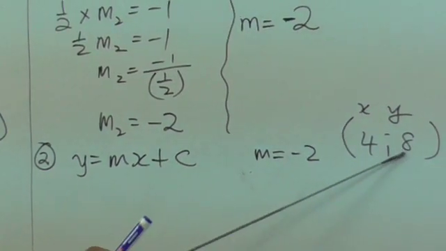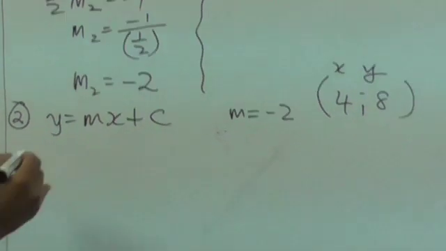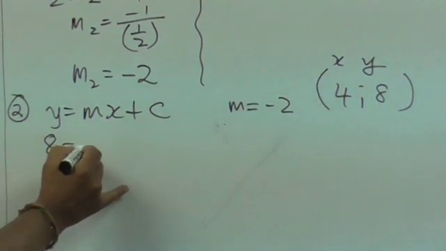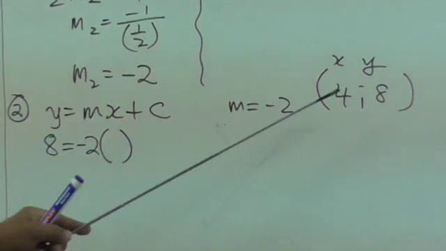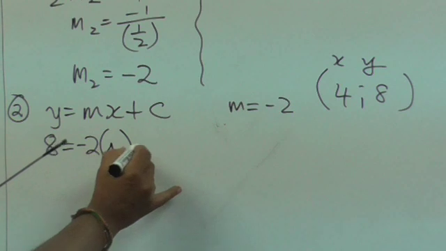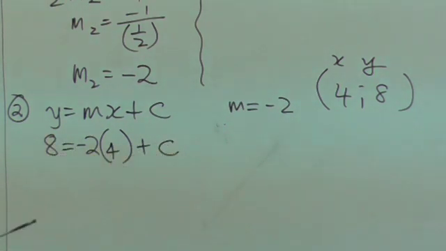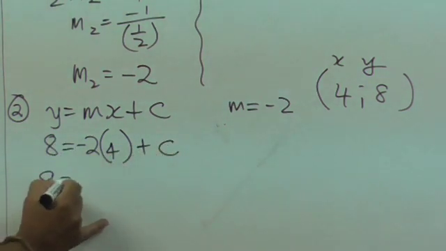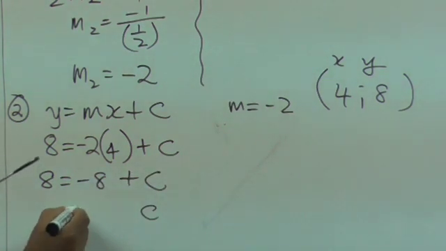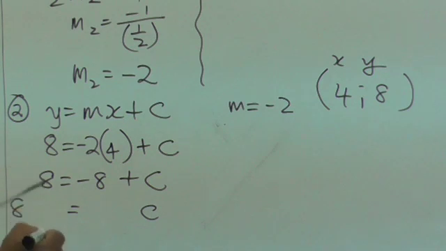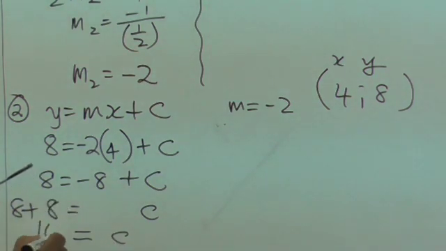Now you're substituting. 8 is y, so 8 is equal to m, which is negative 2, times x, which is 4, plus c. So 8 is equal to negative 8 plus c. C is equal to 8 plus 8. C is equal to 16.